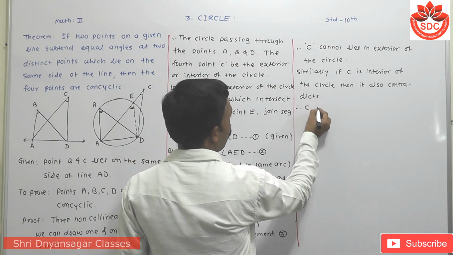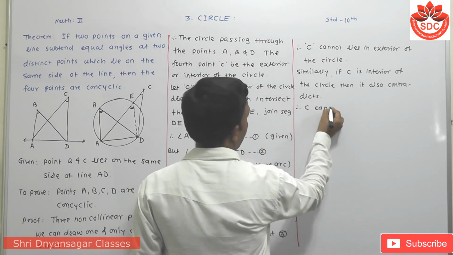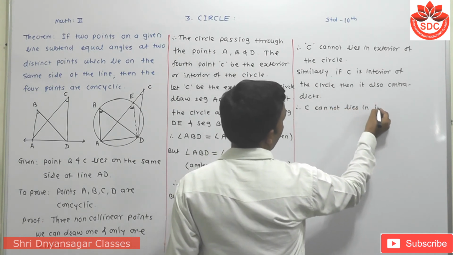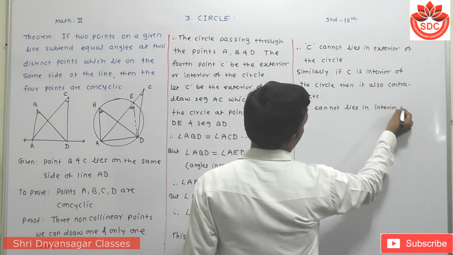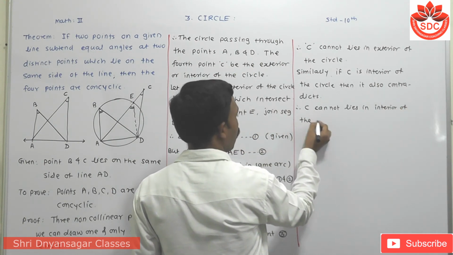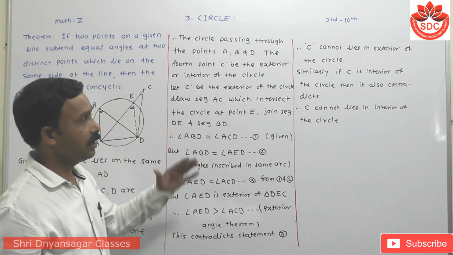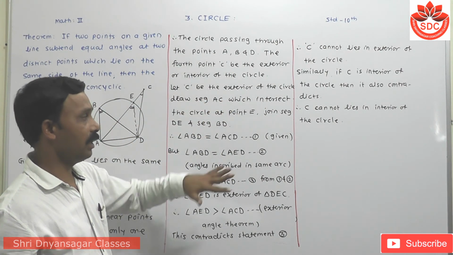Therefore, C cannot lie in interior of the circle. मग C हा इंटेरियर पण नाही, म्हणजे C एक्सटेरियर पण नाही आणि इंटेरियर पण नाही.